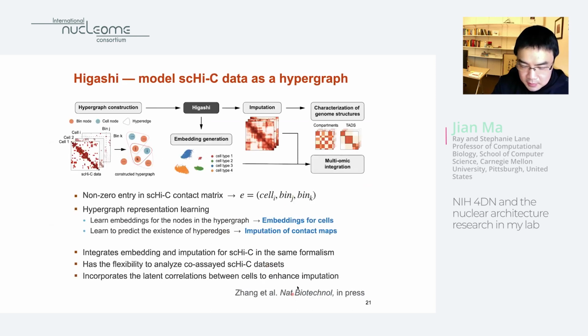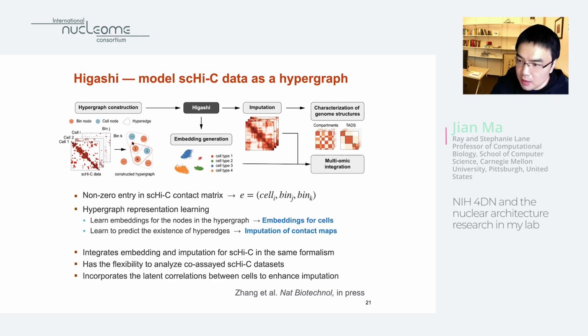So in this Nature Biotechnology paper that's coming out very soon, we consider a triplet as a hyperedge. Here a triplet involves 2 genomic bins and 1 cell node. For a collection of single cell contact maps from single cell Hi-C, you create a whole hypergraph.